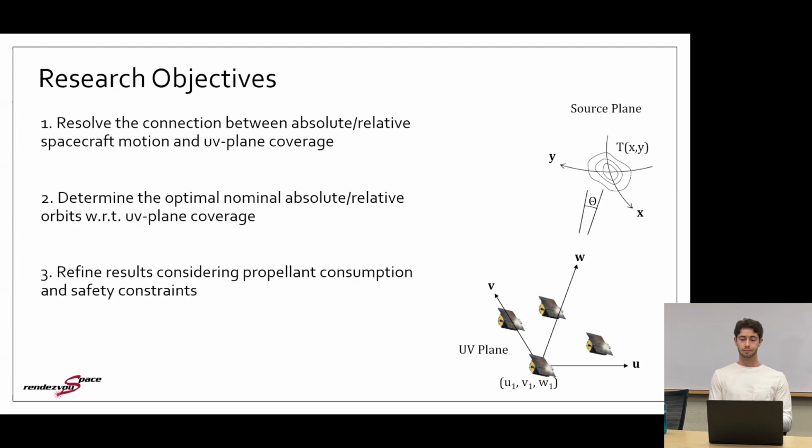So with this all in mind, your crash course on interferometry, my research objectives here were to resolve a connection between our orbital motion, both absolute and relative, and coverage of the UV plane. Remember, we have a link between our samples in this 2D plane and the source image.